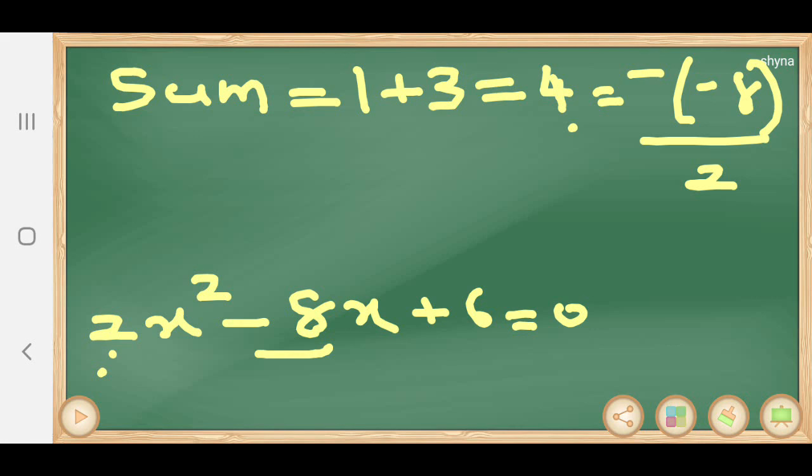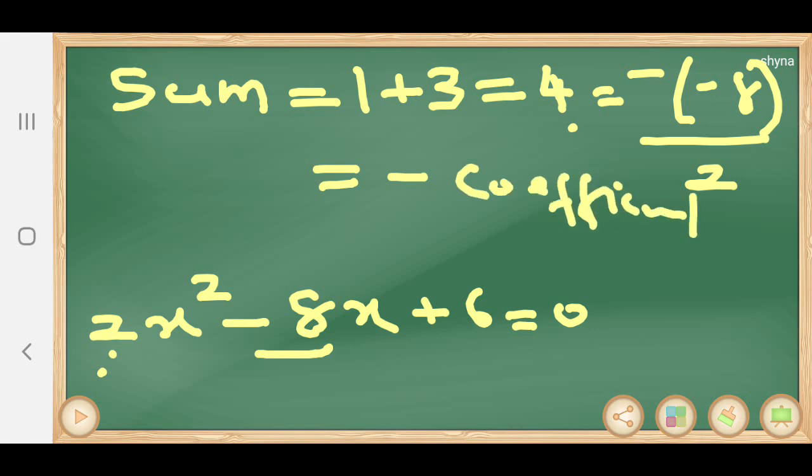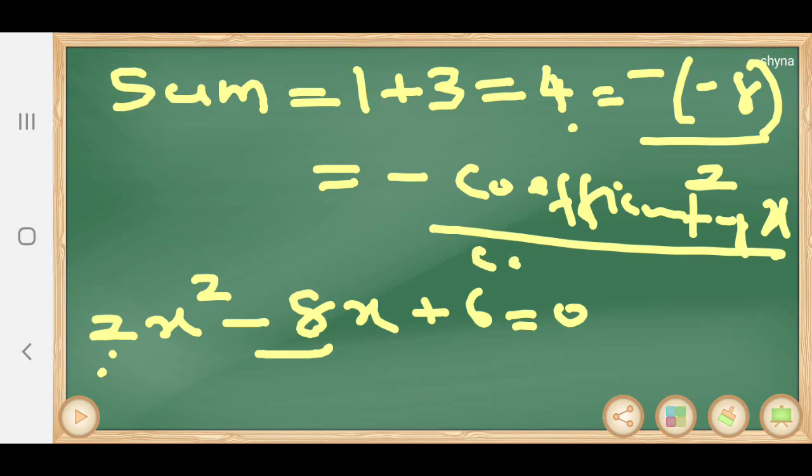Yes, we can tell here what minus of, what is this minus 8? Minus of coefficient of x, is it? Coefficient of x divided by what is 2? Coefficient of x square. Is it? That is the sum of the zeros we can write. How can we write the sum of the zeros?